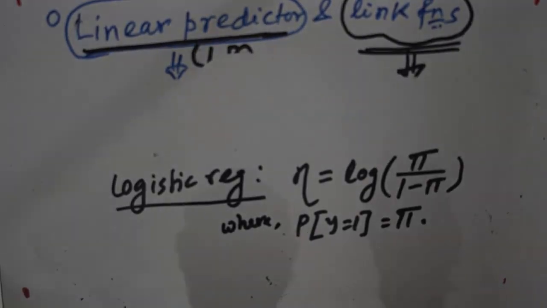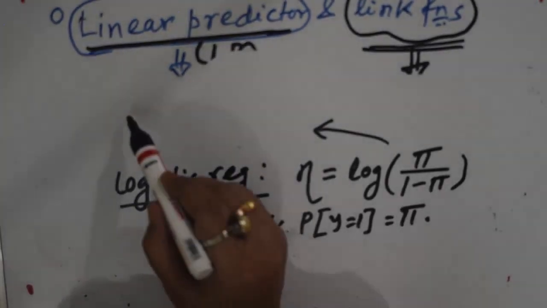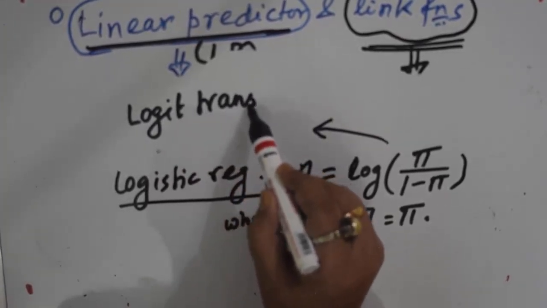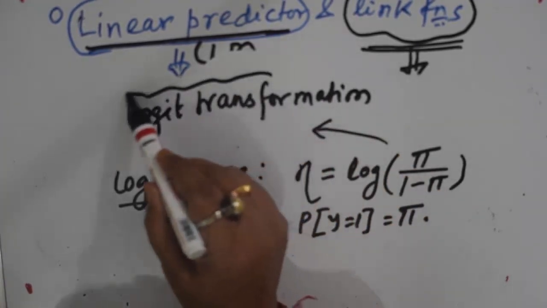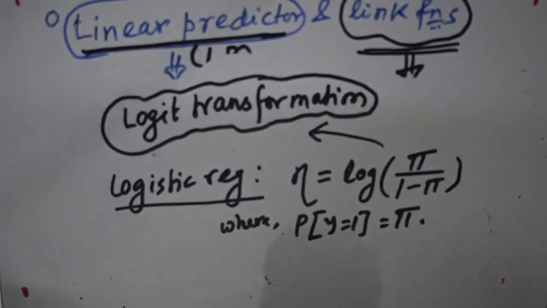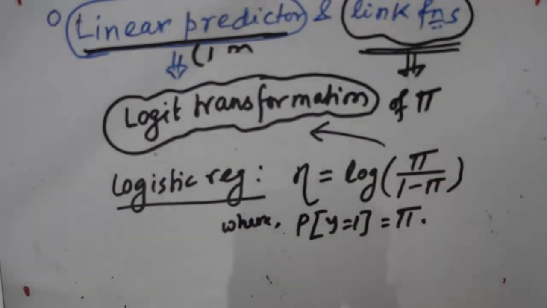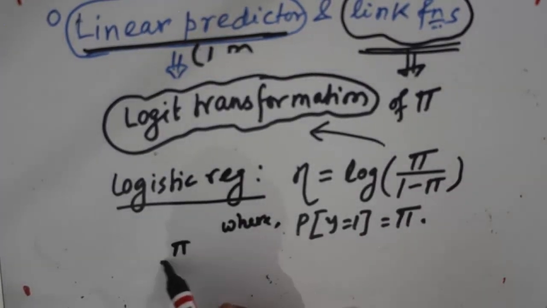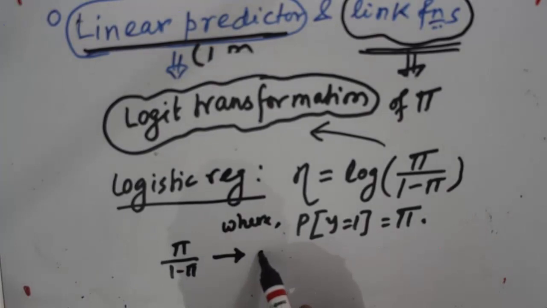This transformation is called logit transformation of probability pi, and pi by 1 minus pi is called odds.